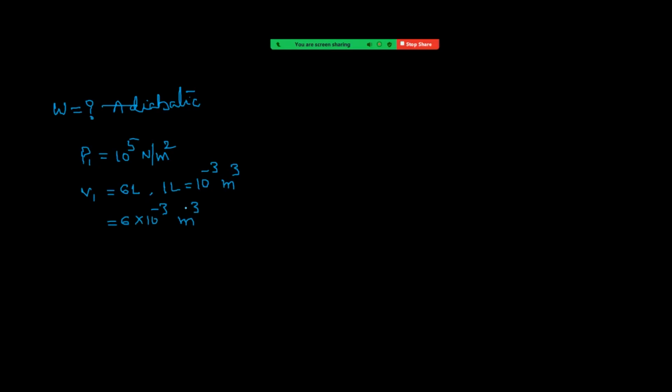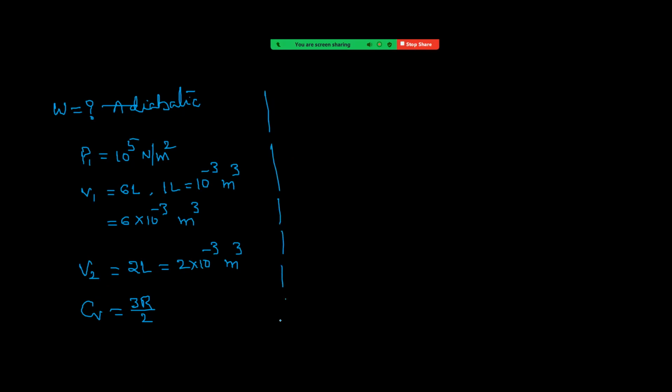Initial volume. Final volume, that is V2, is given as 2 liter. That means 2 10 power minus 3 meter cube. Okay, so this is the given data, and CV is given, right? CV equals 3R by 2. So this is the given data.